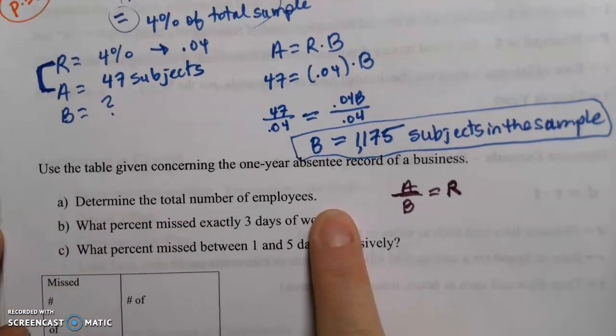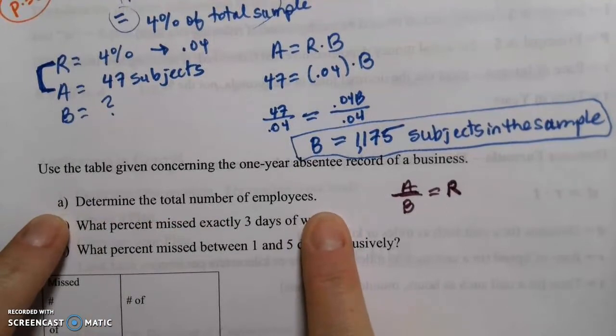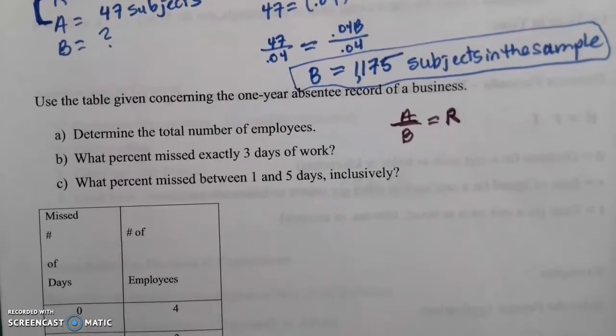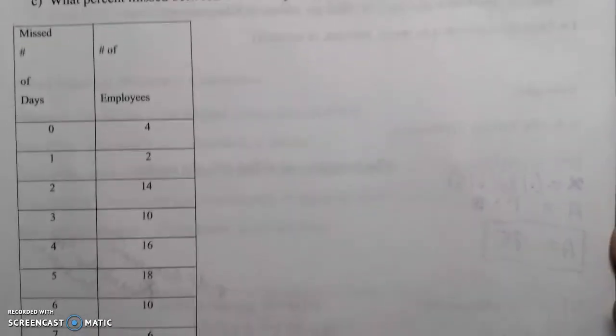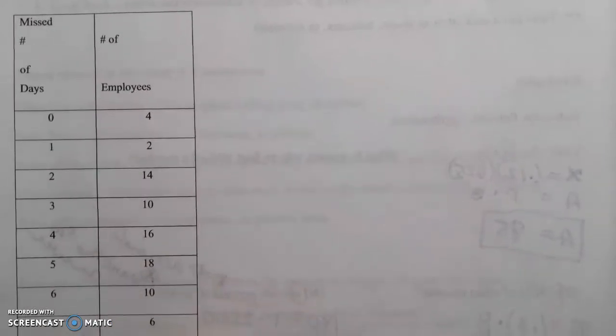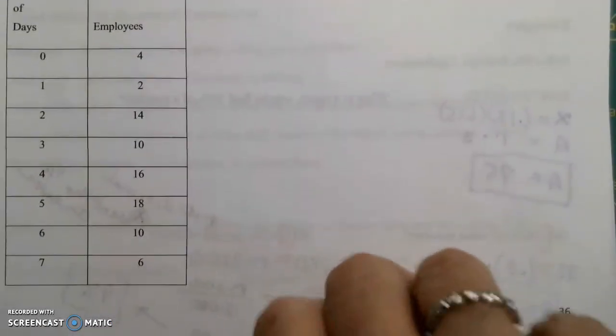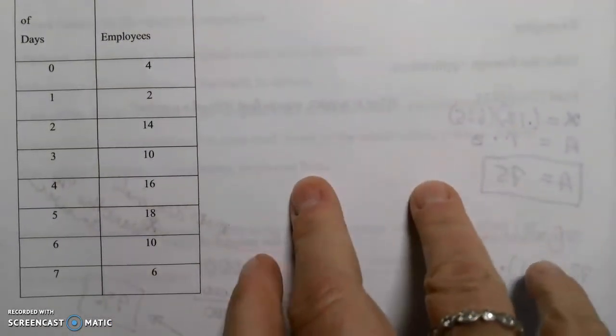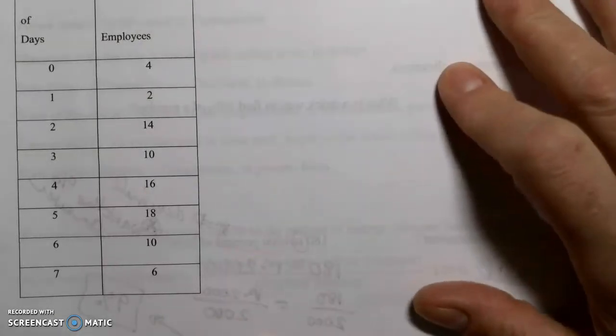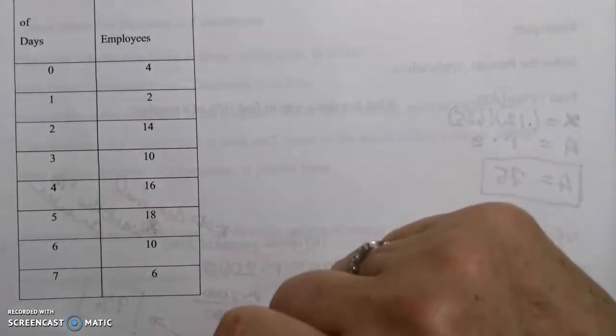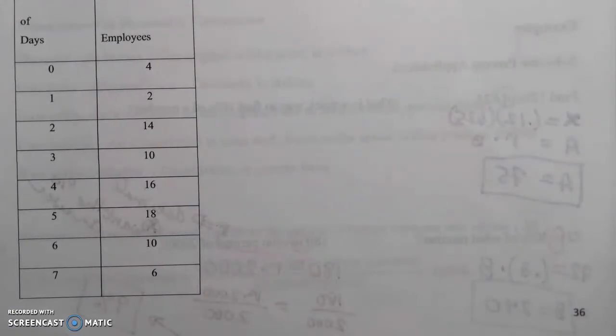So the first thing is we need to figure out how many total employees there are. Now this table, I'm going to have to slide up and down a little bit. We've got the number of days missed in this column from 0 to 7, and then the number of employees who have missed that many days in the past year. So it's a 1-year absentee record for a business.